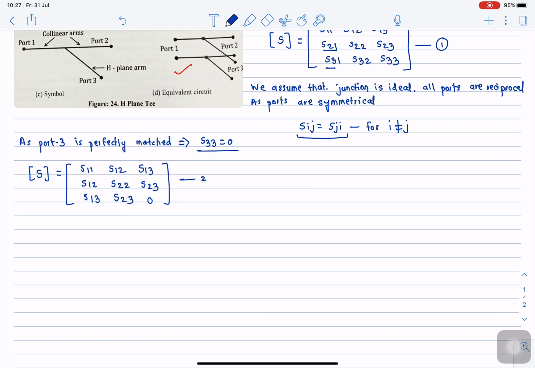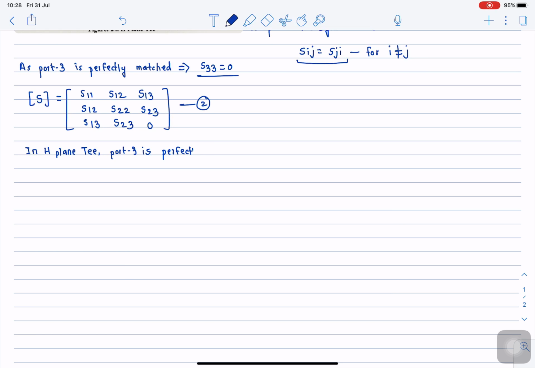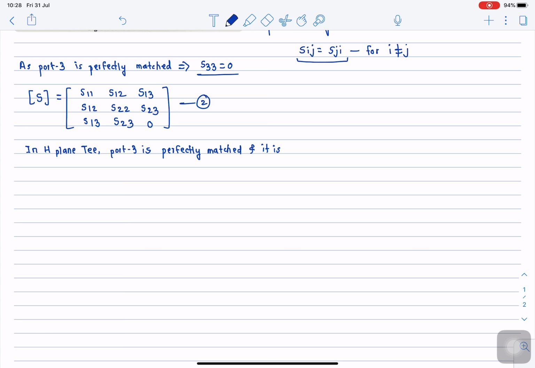Port number 3 is perfectly matched, we already know. And it is electrically symmetrical, right?